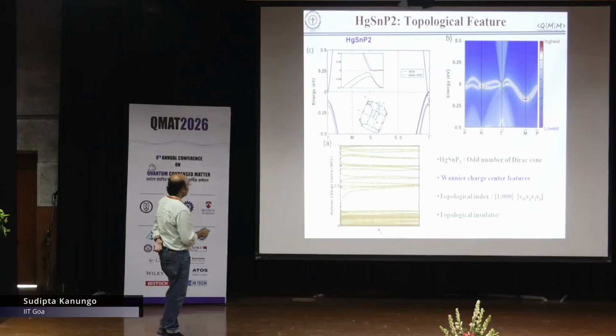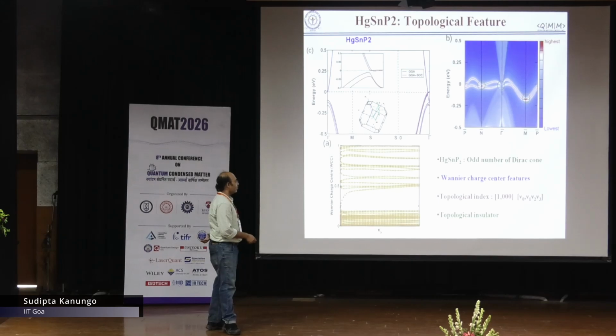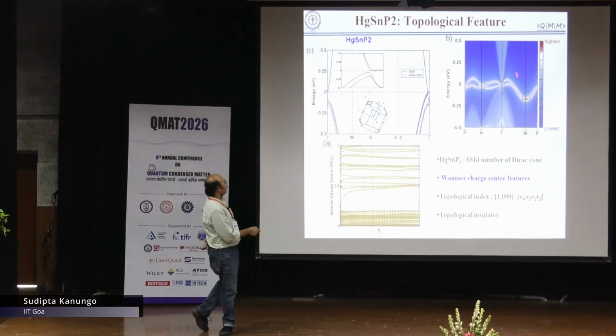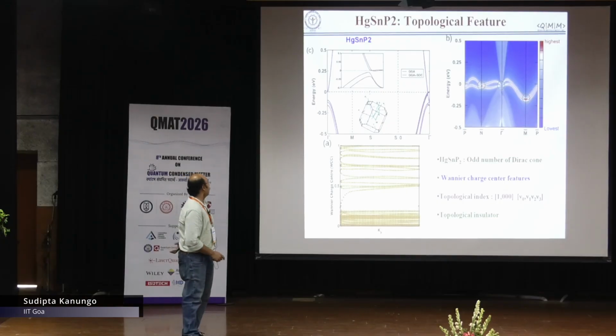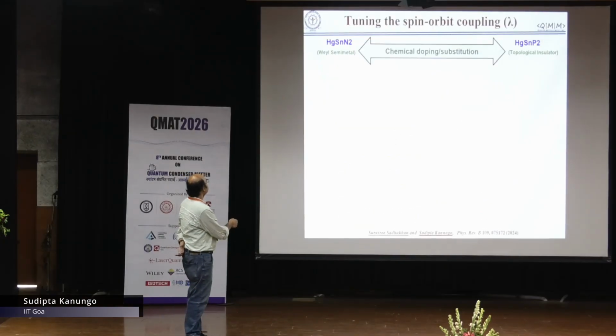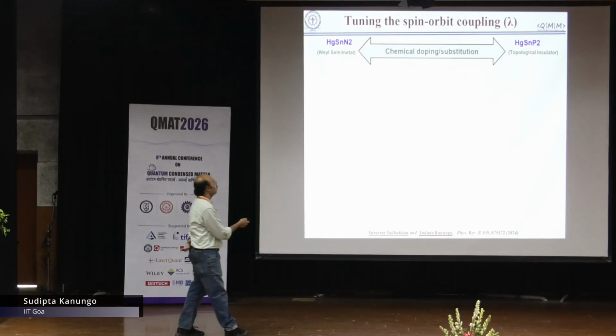Whereas the phosphorus is a typical topological insulator with a strong topological feature and an odd number of Dirac crossings in the surface states. Now, the point is this nitrogen is a topological Weyl semi-metal, whereas the phosphorus is a topological insulator. What I can do basically, the nitrogen goes to phosphorus.